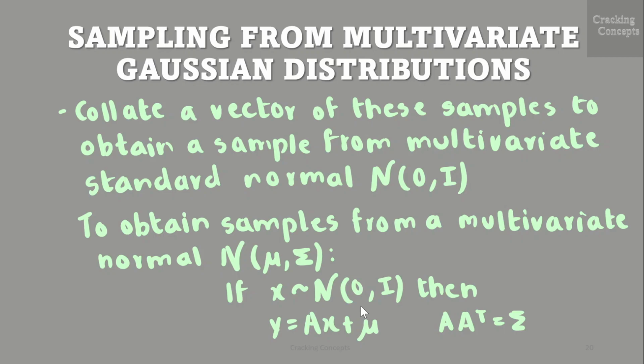One convenient choice of A is to use Cholesky decomposition of the covariance matrix sigma, which is A A transpose. The Cholesky decomposition has the benefit that A is triangular, leading to efficient computation.